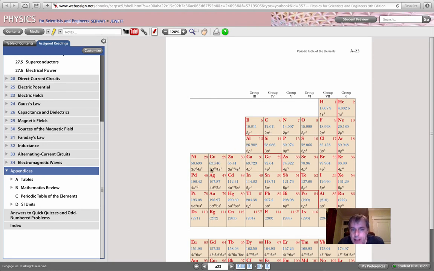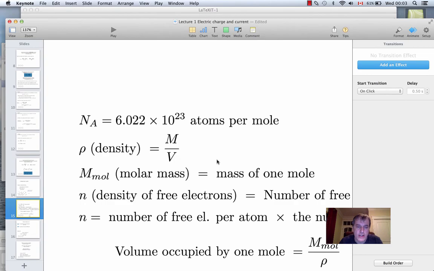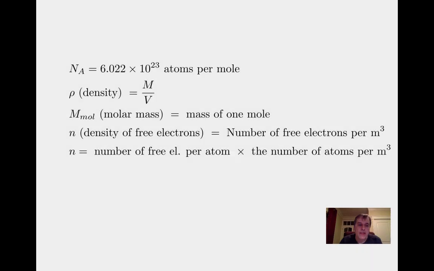For copper, the molar mass of copper is 63.546 gram per mole. So that's the mass in gram of 1 mole of copper. Okay, so I'm going to use that in a second. Let's go back to the presentation. Okay, so that's how you get the molar mass by going to the periodic table.